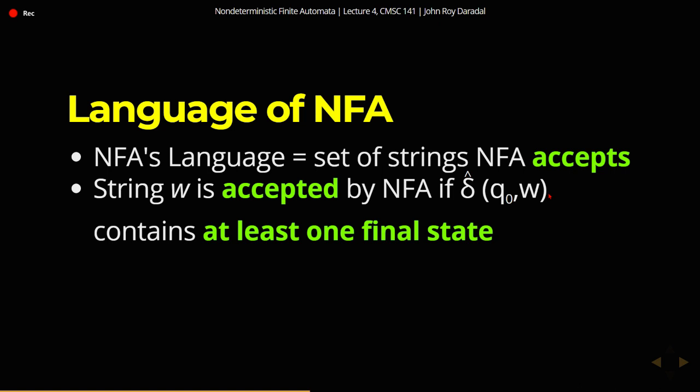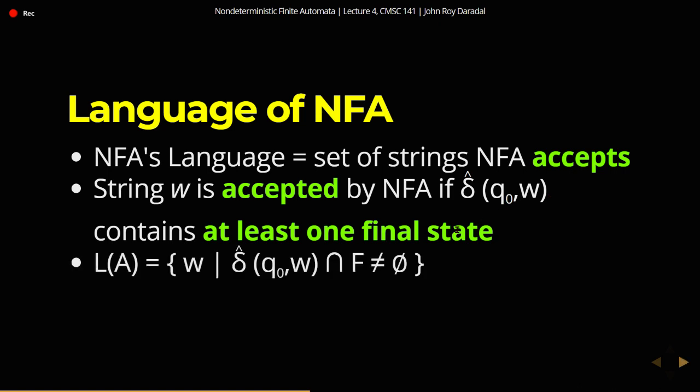But if one of those states is a final state, then you accept the string. Formally, the language of the NFA named A is written as follows: all strings W such that delta hat of Q sub 0 processing W, which is a set, intersected with the final states is non-empty, meaning there is one final state in delta hat of Q sub 0 and W. So that's it.